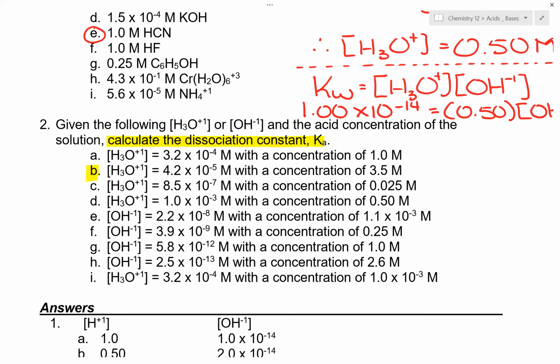The other thing is this, take a look at the concentration of H3O plus. Take a look at the concentration of the acid. Notice they are not the same. In this case, the H3O plus concentration is much less than the concentration of the acid. That's another indicator of a weak acid.